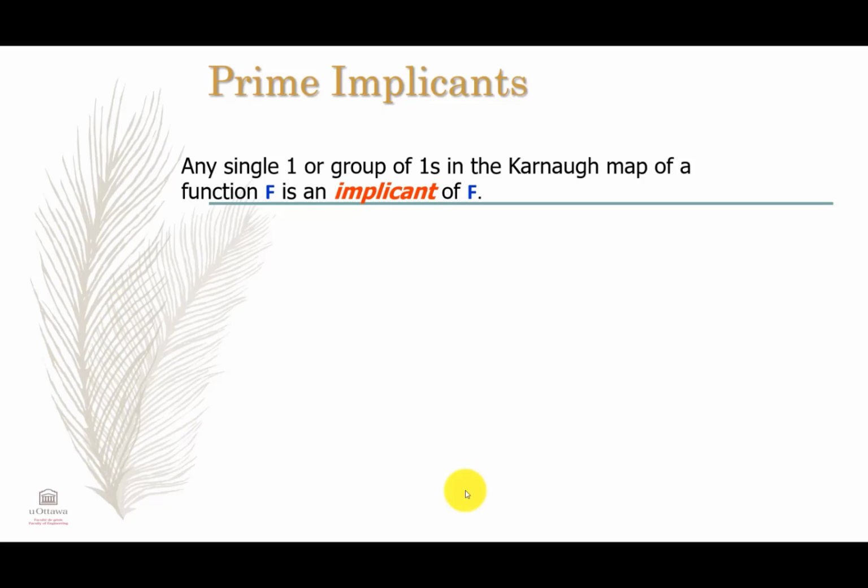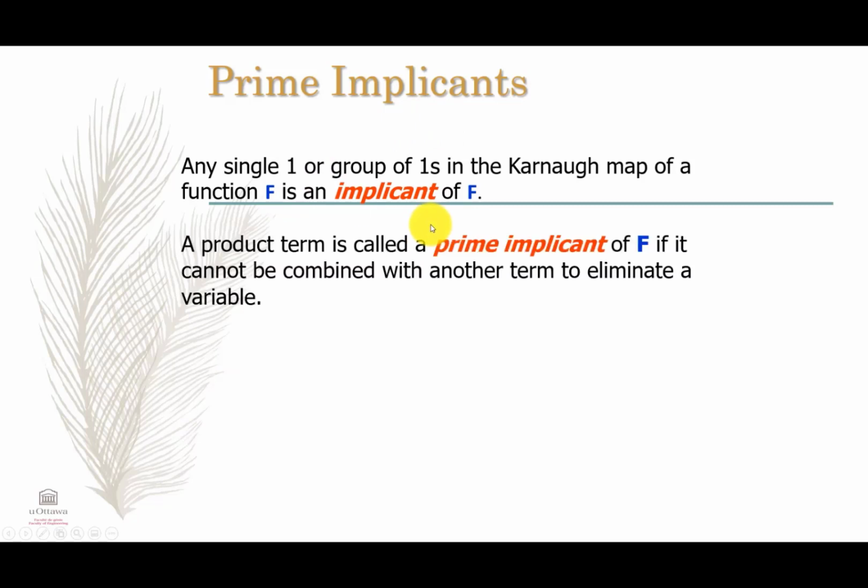Have you noticed me saying the term implicant? So what is the difference between the terms and the implicant? Any single one or a group of ones in a Karnaugh map is called an implicant. So if you're doing a Karnaugh map for function f, any one or a group of ones is called an implicant.